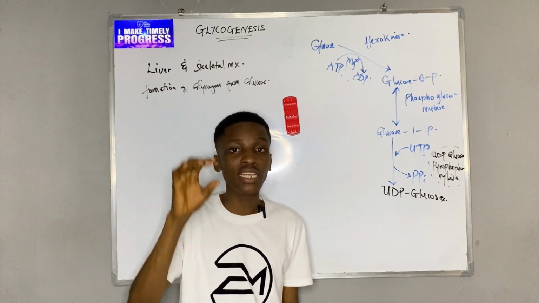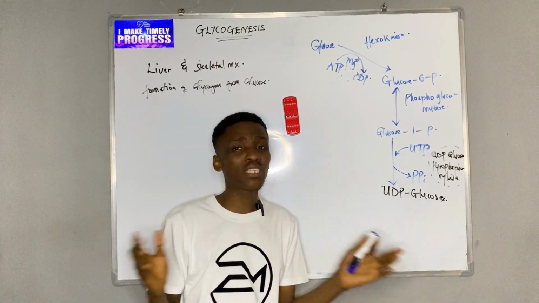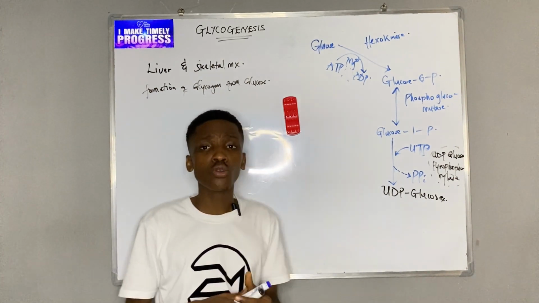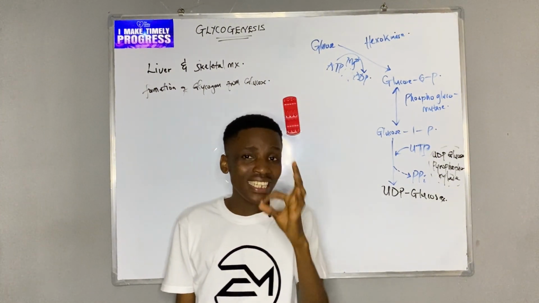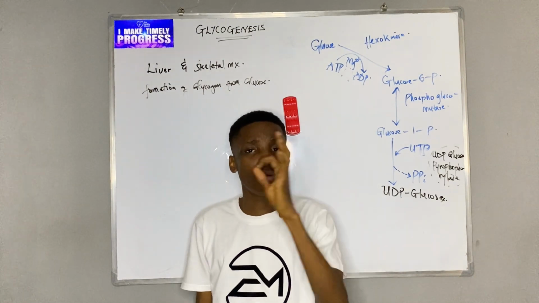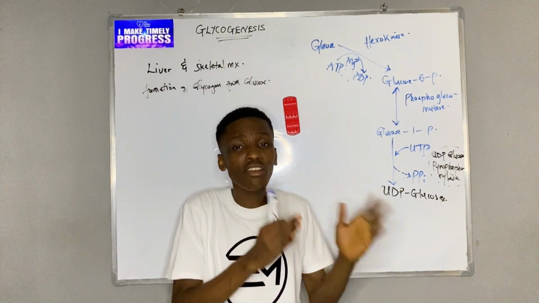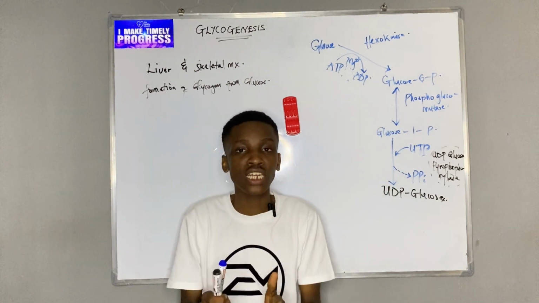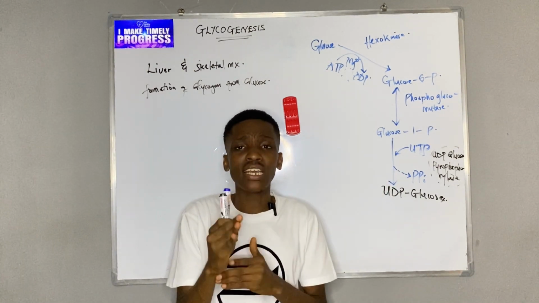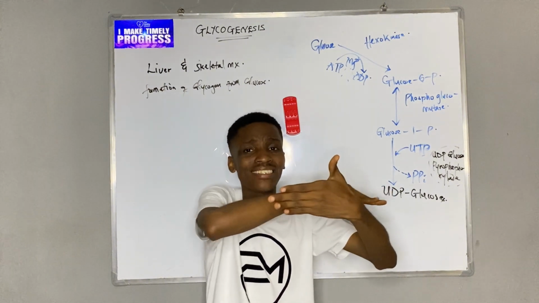So it is a polysaccharide, specifically a homopolysaccharide. But the key thing that distinguishes glycogen from starch is that glycogen has both single, that is straight, and branched chains. Whereas when I look at a starch molecule, all it has is straight chain.